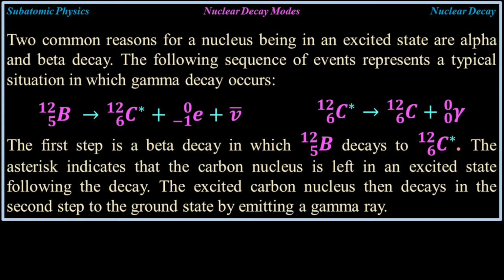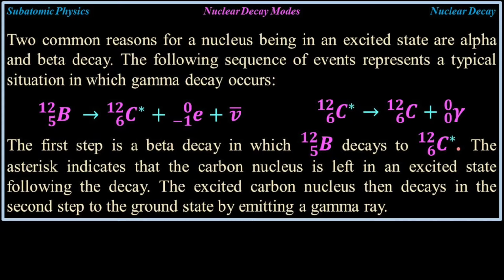Boron-12 yields carbon-12, a beta particle, and an antineutrino. The first step is a beta decay in which boron-12 decays into carbon-12. The asterisk indicates that the carbon nucleus is left in an excited state following the decay.